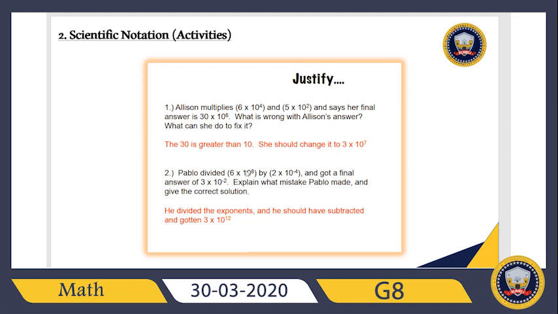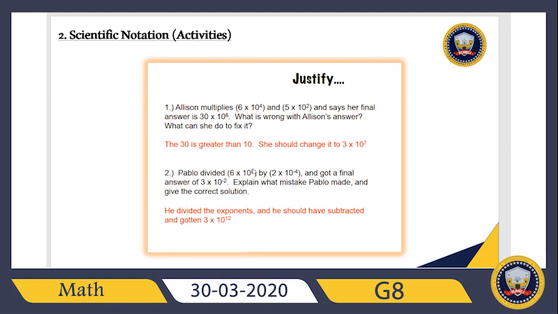Alright, now what about this division? 6 divided by 2 gives us 3. Okay, the first part is correct. Now 10 to the power of 8 divided by 10 to the power of minus 4. So here the power is wrong. Why? Because when we divide powers of 10, what we do for the exponents is subtract them.